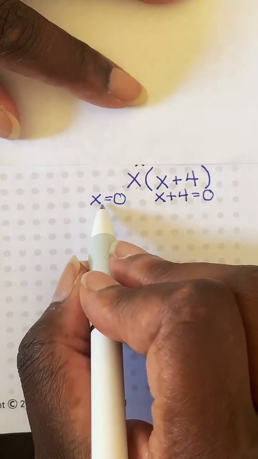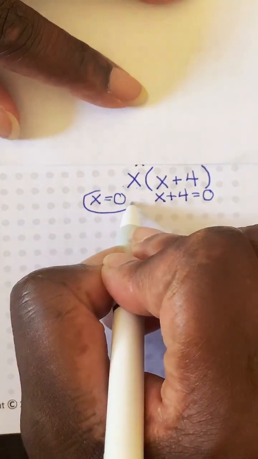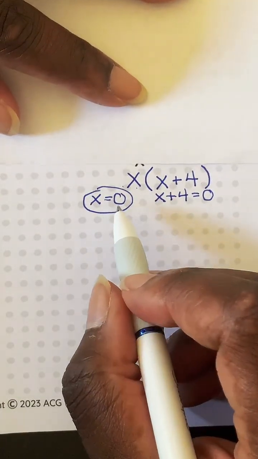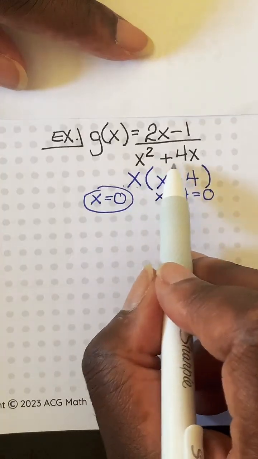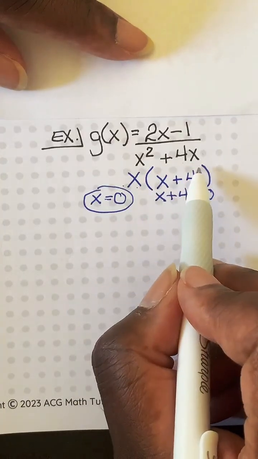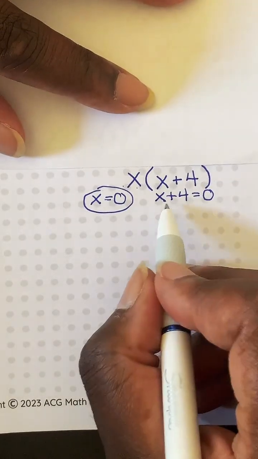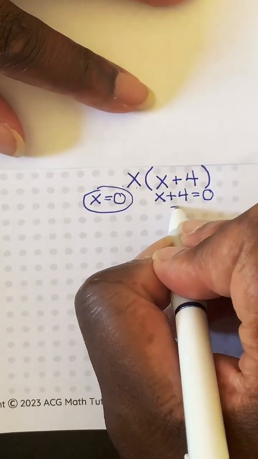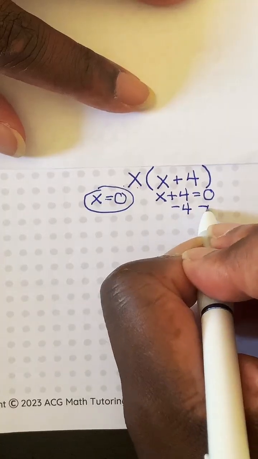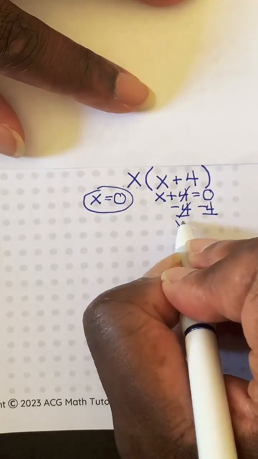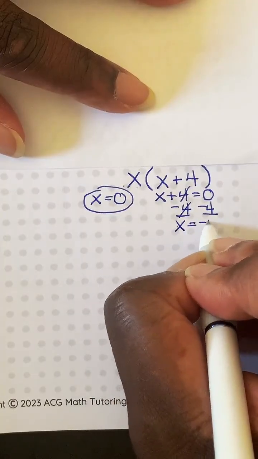Well, this one's already solved. That's one of them. So 0 is one of the things that can make this denominator equal to 0, and we don't want that, right? Now, what else can make it equal to 0? If I subtract my 4, I get x equals negative 4.